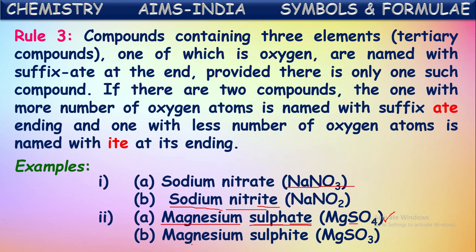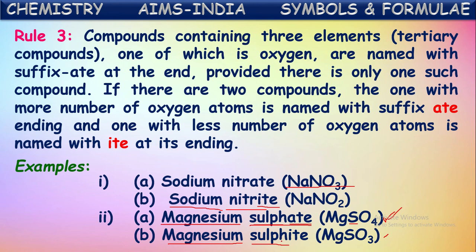Okay. Next, one more compound, MgSO3, which has fewer oxygen atoms than the first one. In naming this compound, first the metallic element's name is written. Next, the non-metal other than oxygen, that is sulfur here. So magnesium and sulfur are written.